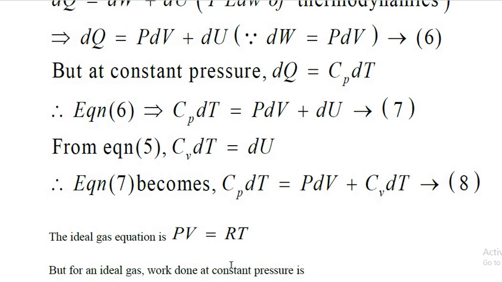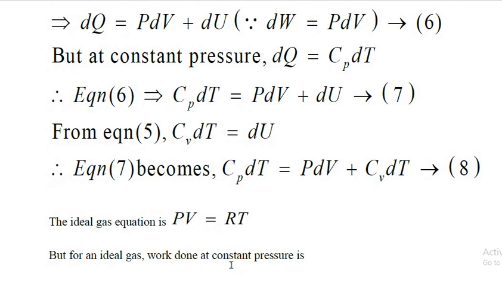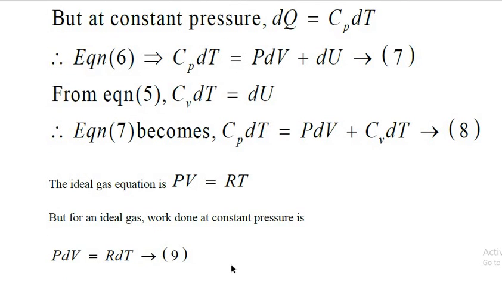The ideal gas equation is PV is equal to RT for 1 mole of a gas. For an ideal gas, work done at constant pressure, P into dV, is equal to R into dt.